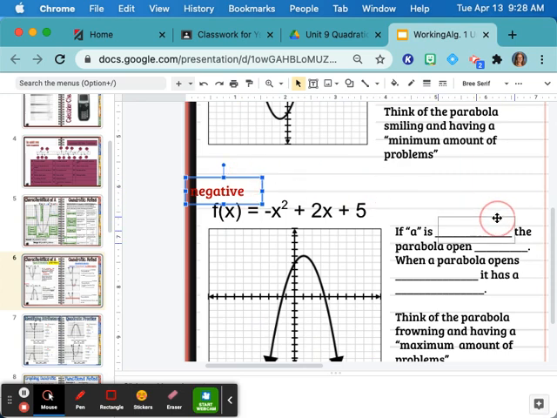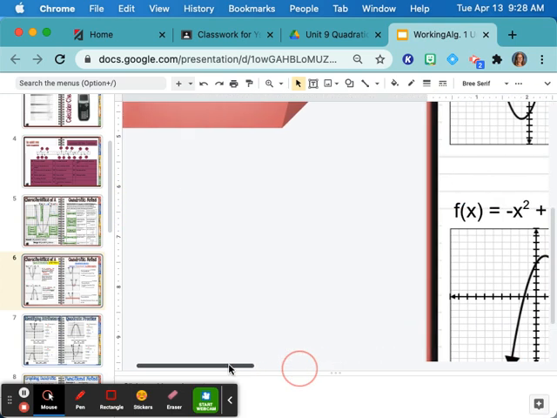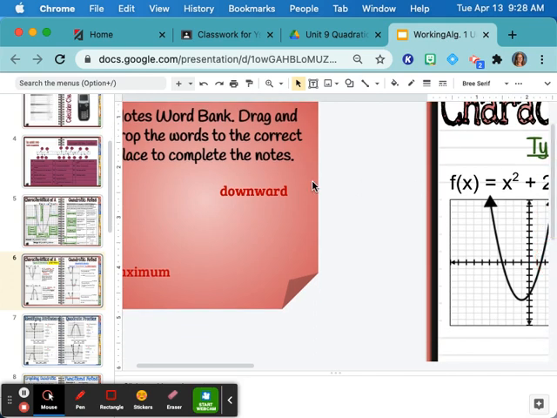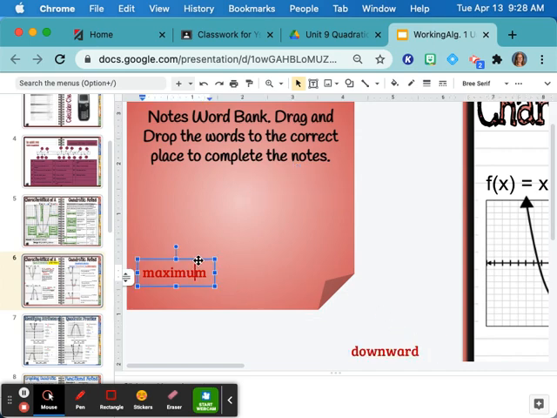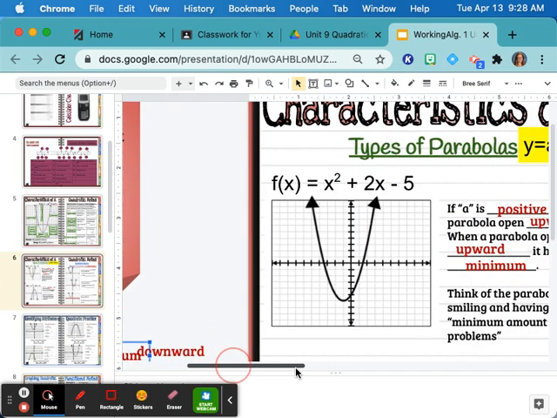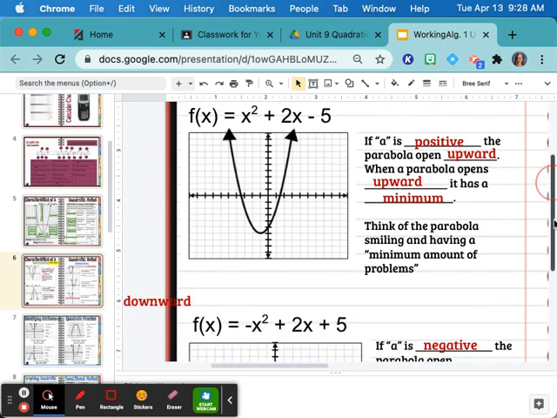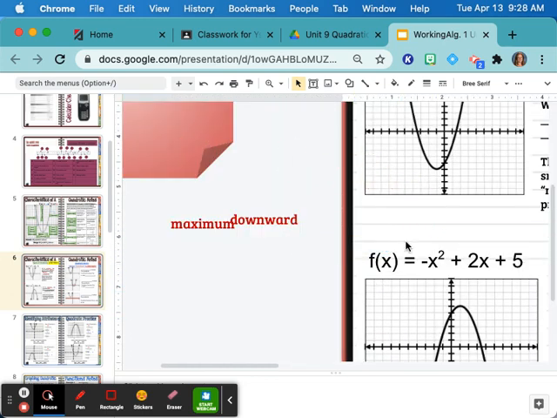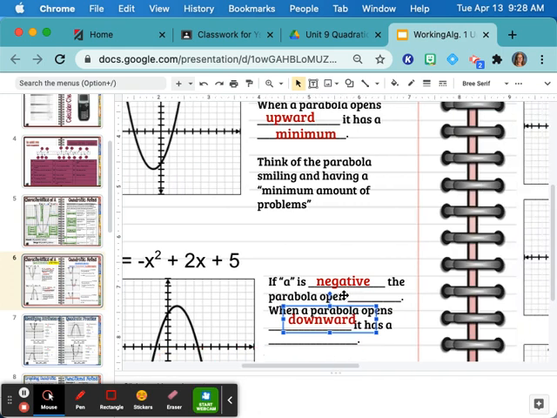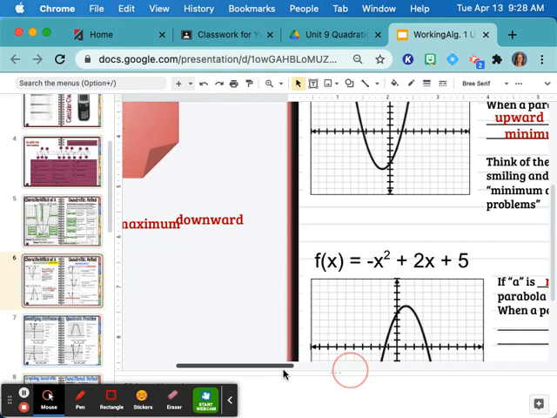The parabola opens downward. Pull all these down. So it opens downward. When the parabola opens downward, it has a maximum.